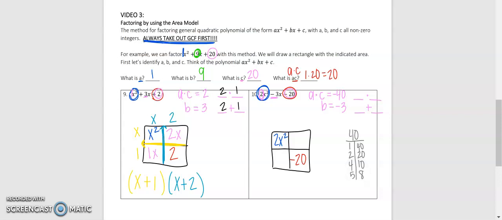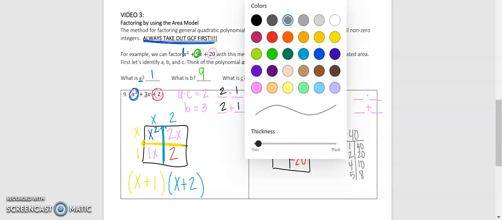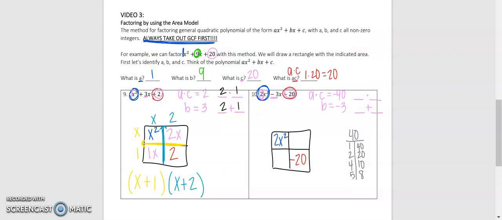So now that you have all of those listed, we can better try and see which one's going to add to a negative 3. And looking at all of our options here, 5 and 8 would have that possibility. Now because I'm trying to multiply to be a negative number, one of these needs to be negative. So 5 and 8, I'm going to do 5 times negative 8.